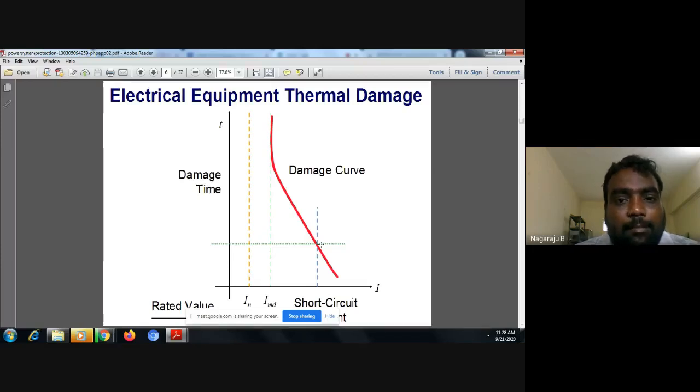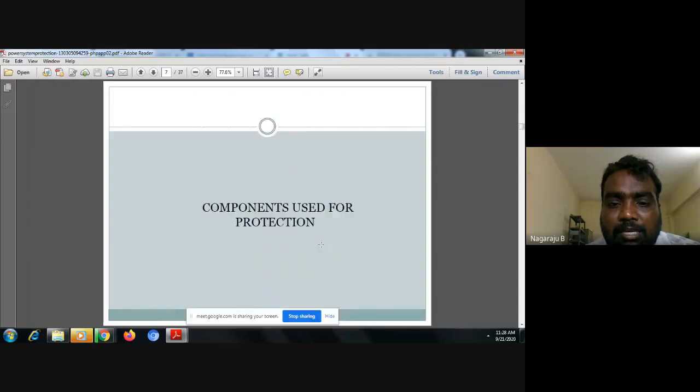You need to withstand that particular short circuit current rating and follow it. Within that only you need to select any system. You need to use that particular protection equipment below the rated amount for the distribution system. Okay, so this is about that.